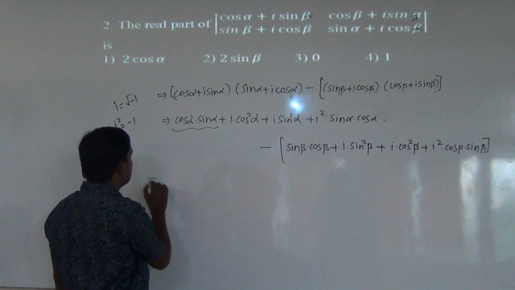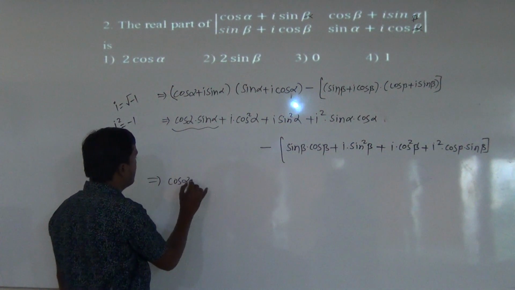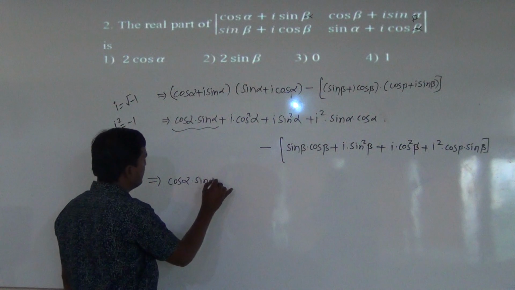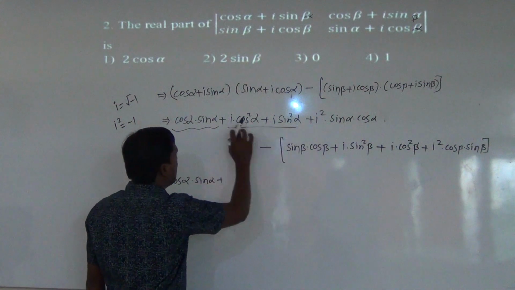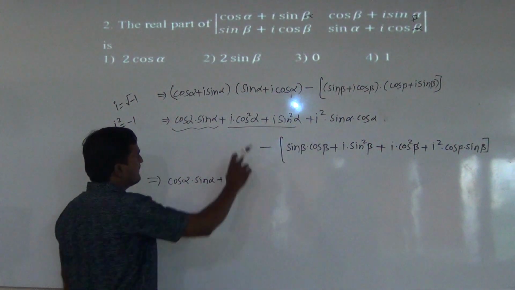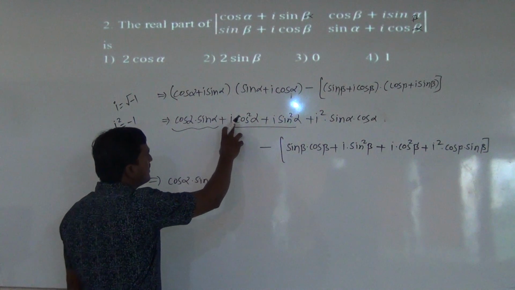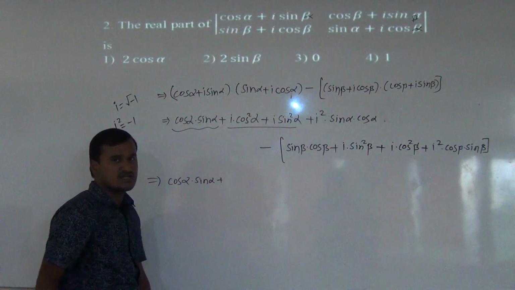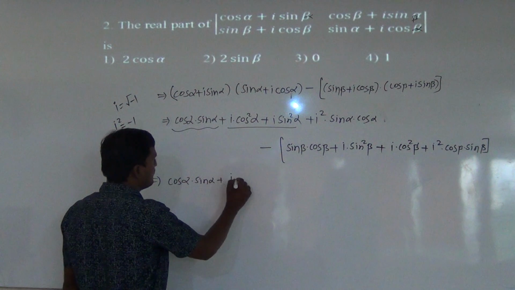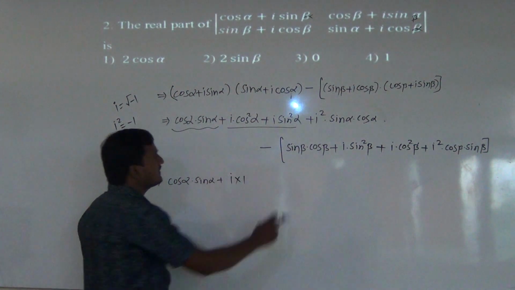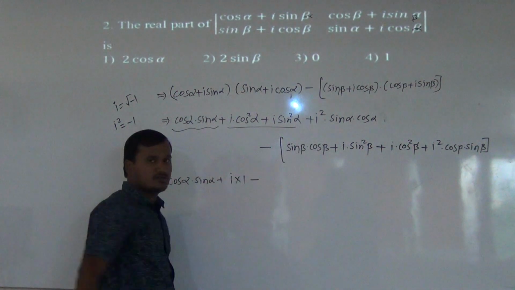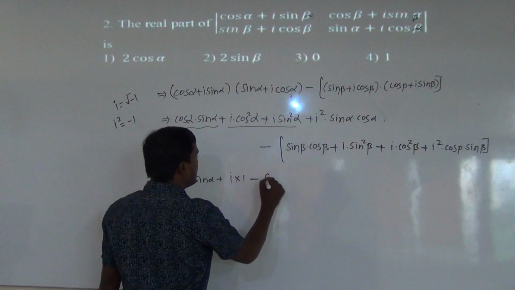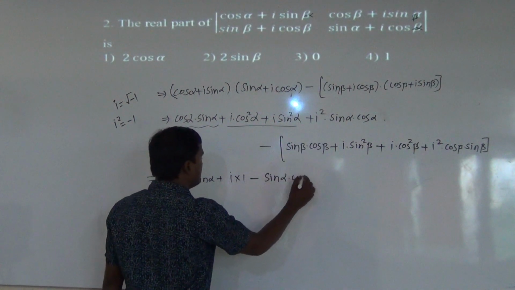So the first term becomes cos alpha into sin alpha plus, taking i outside, cos square alpha plus sin square alpha, which is 1. After that, i square is minus, so the remaining is sin alpha into cos alpha.